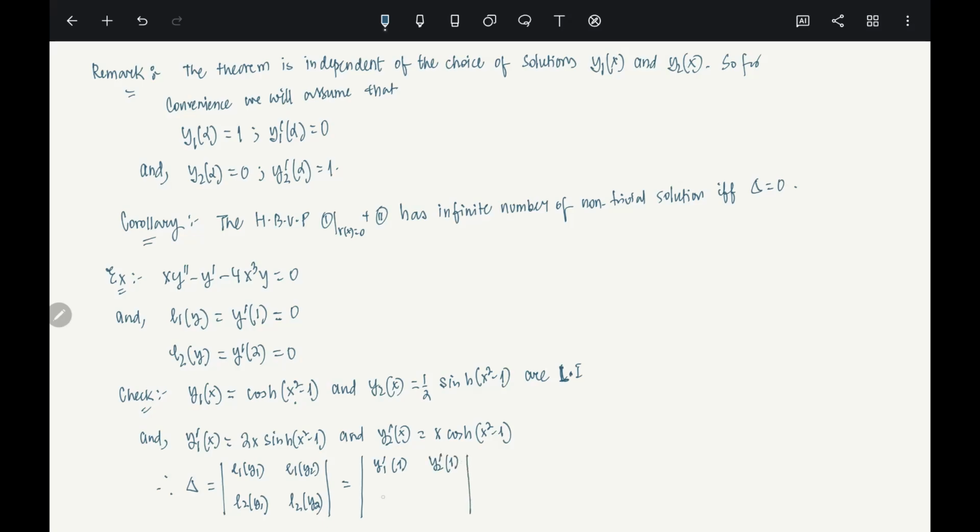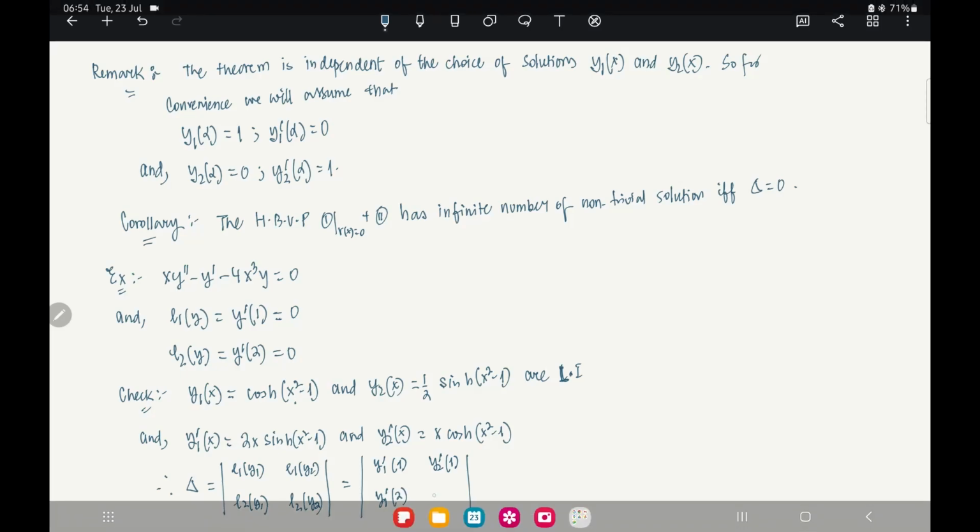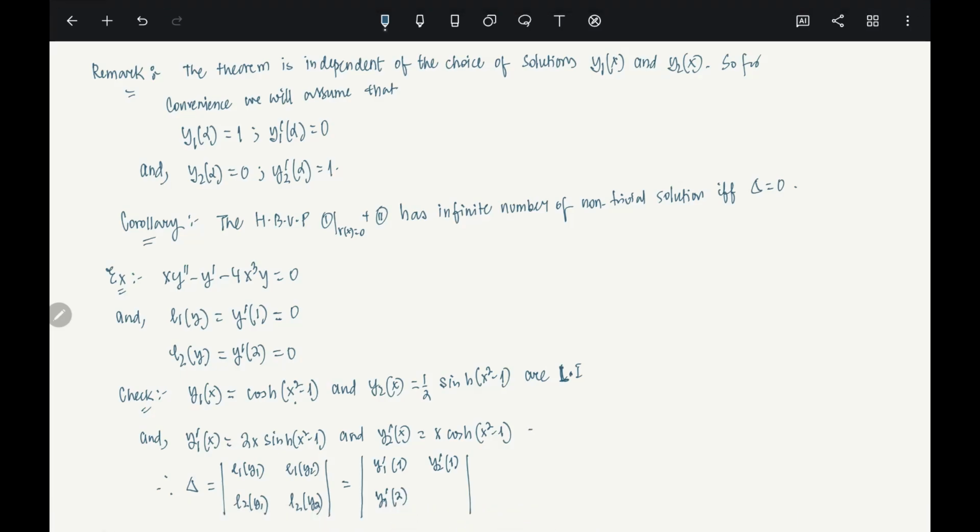Again, L2 of y1 is y1 prime at the point 2, and L2 of y2 is y2 prime at the point 2. Now if you calculate it, y1 prime at the point 1 is going to be 0, and y2 prime at the point 1 is going to be cosine hyperbolic 0, which is 1.